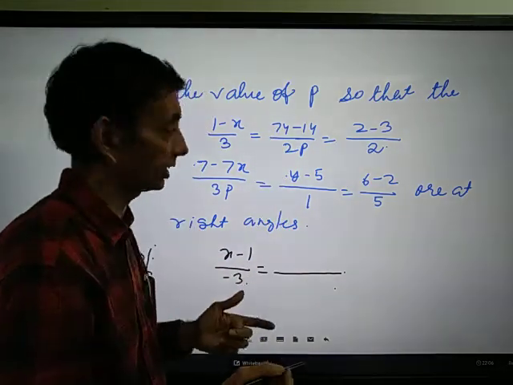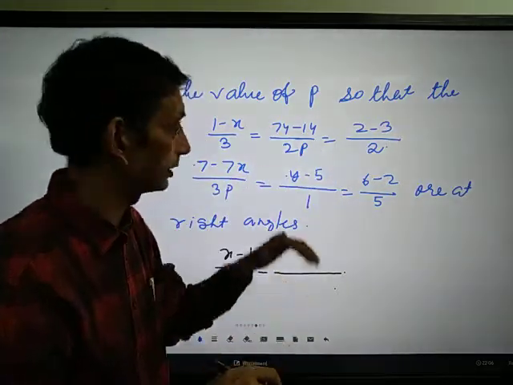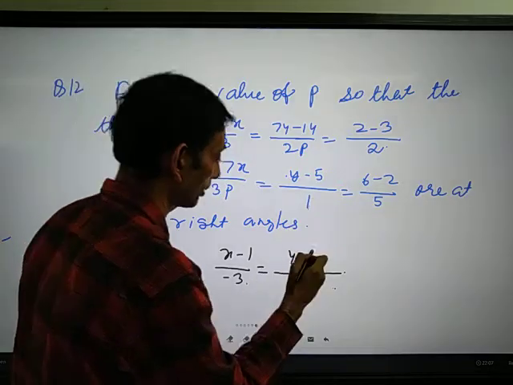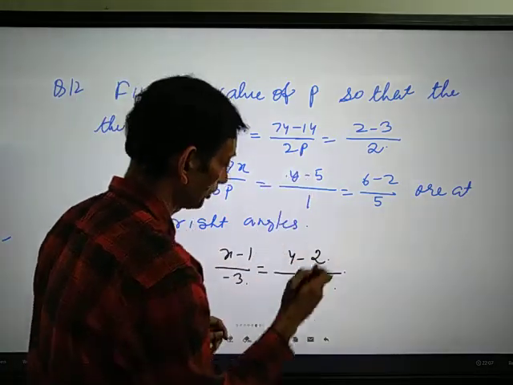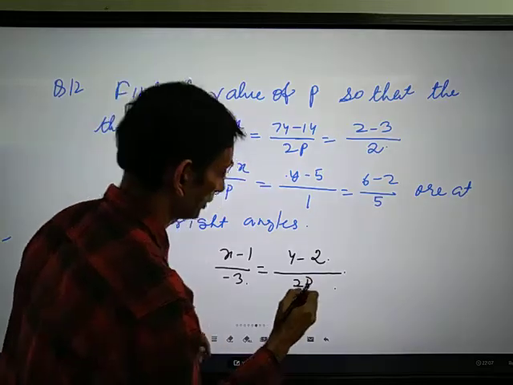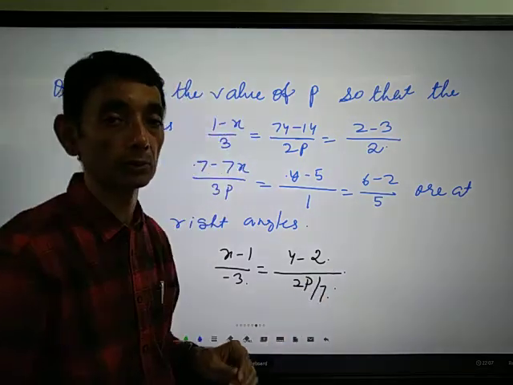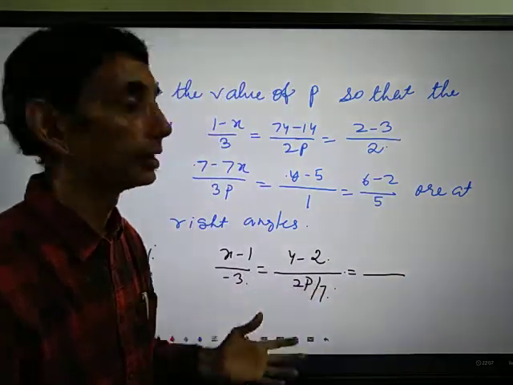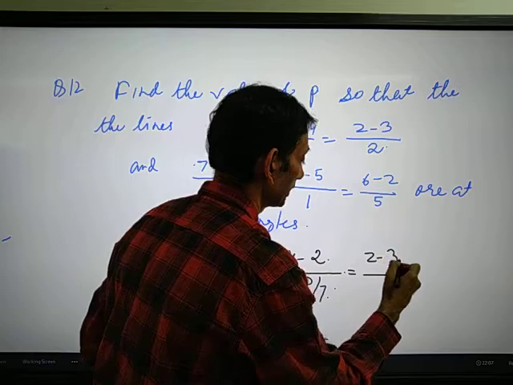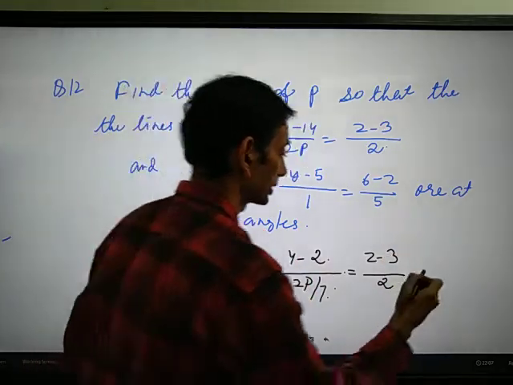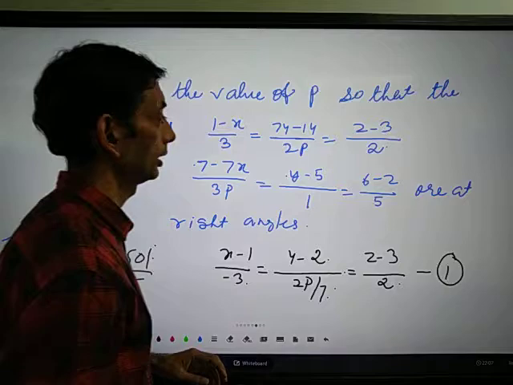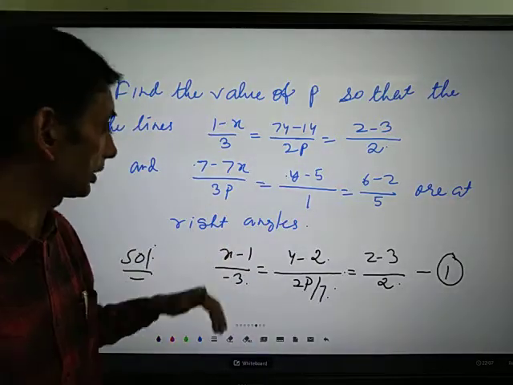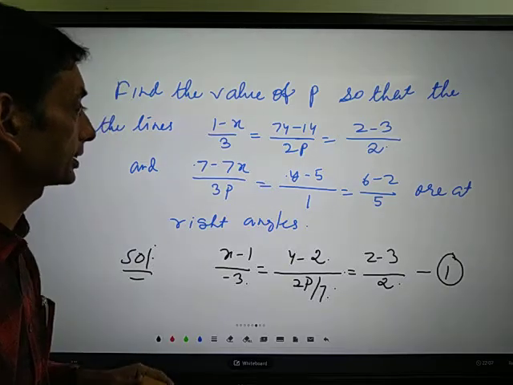We divide the numerator by 7, and similarly divide the denominator also by 7. So it will be y minus 2 over 2p upon 7. The third term, z minus 3 by 2, is actually already in standard form, so we don't need to do anything. This one is done, and similarly we'll simplify the second equation also.